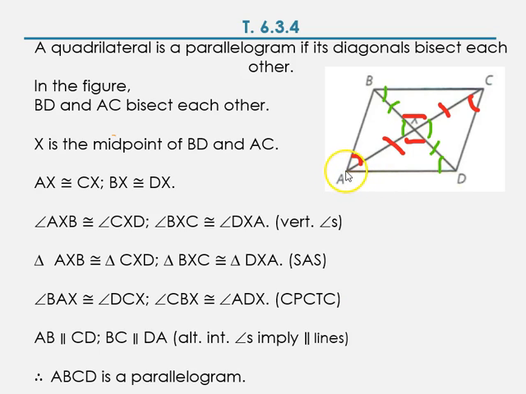And now we know that we have a parallelogram, ABCD. So this is very similar to opposite angles are congruent to each other. We've only proved one of the angles in these triangles, but that would mean that the other angles would have to be congruent by CPCTC.